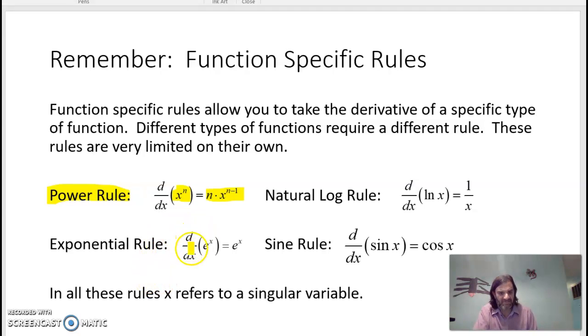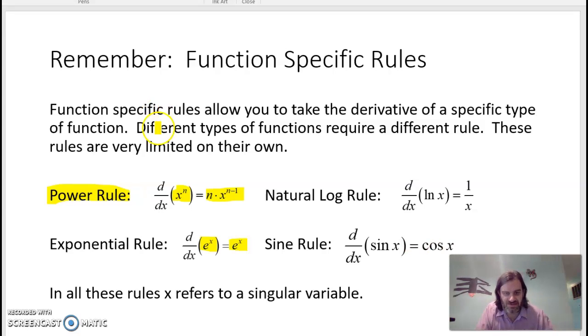Down here, derivative of the exponential e to the x is e to the x. Now these rules are very specific. Okay, x is a variable. It could be y, it could be w or s or r, whatever. But it doesn't allow for things like 2x or x minus 7 or x squared.